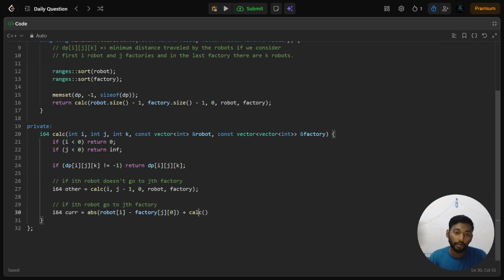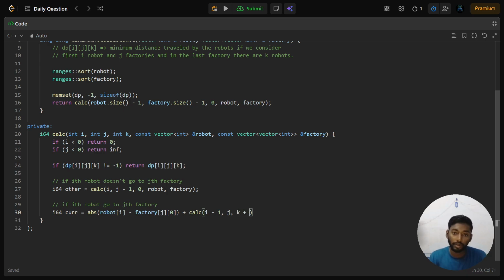Yeah. And the ith robot has already gone to the jth factory. Now we have i minus 1 robots left, and we still have j factories. And in the jth factory, we know that there are already k robots, so now the ith robot also goes to the jth factory.